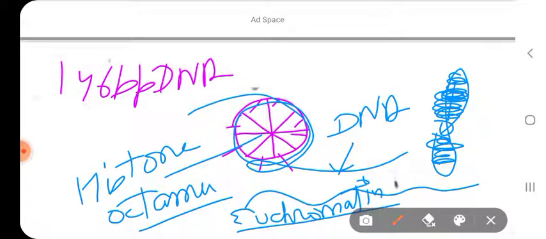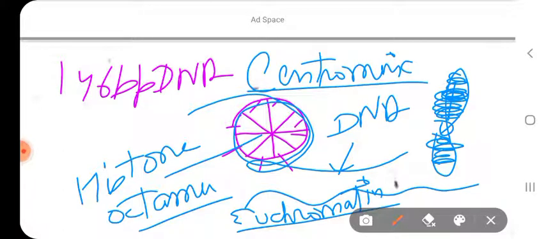Now think, if the gene, the essential part of the DNA which codes for a protein or enzyme, is placed right next to the heterochromatin region, which is permanent, for example the centromeric region which is found in the chromosome, which is fully heterochromatic. That means they never uncoil, fully inactivated. There no genes are present.